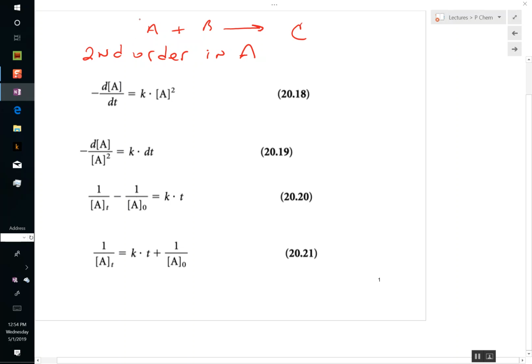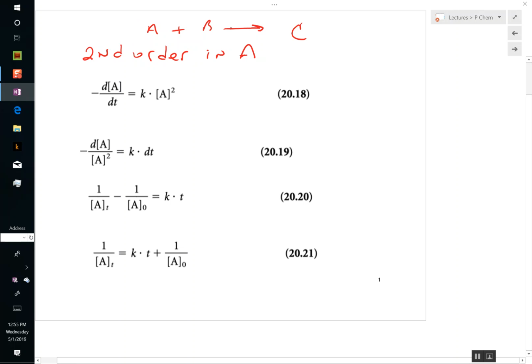I probably didn't write this one very well. Very good, Liz. Yeah, it should have been minus 1/2 dA over dt. So it doesn't matter what that coefficient is.